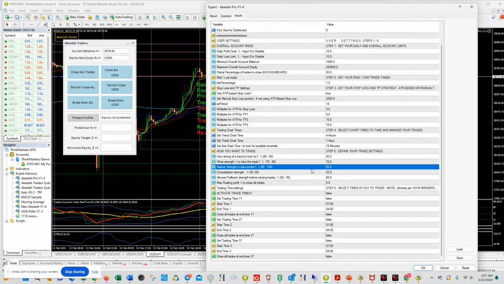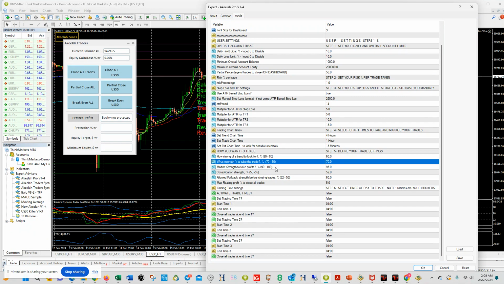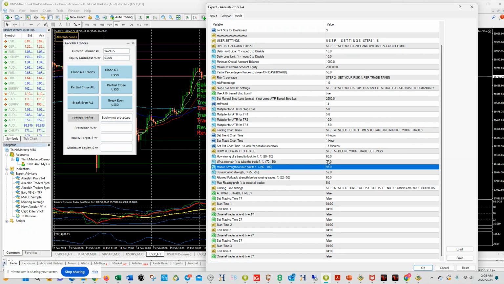Now, what strength do I want to look at to take my profits? If on the hourly time frame, in this example, say I get in at 70%, if the buying strength gets up to 95% or greater, I want the system to start looking for opportunities for me to take profits. It's not going to automatically take it as soon as it hits 95.